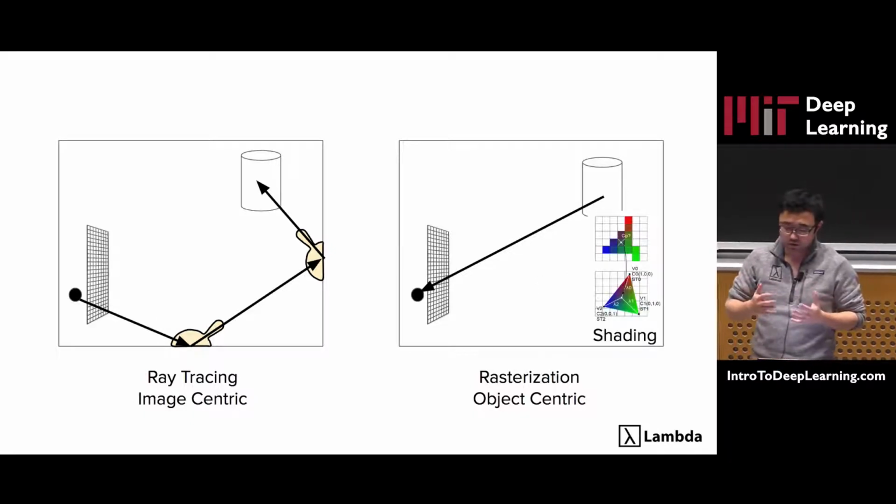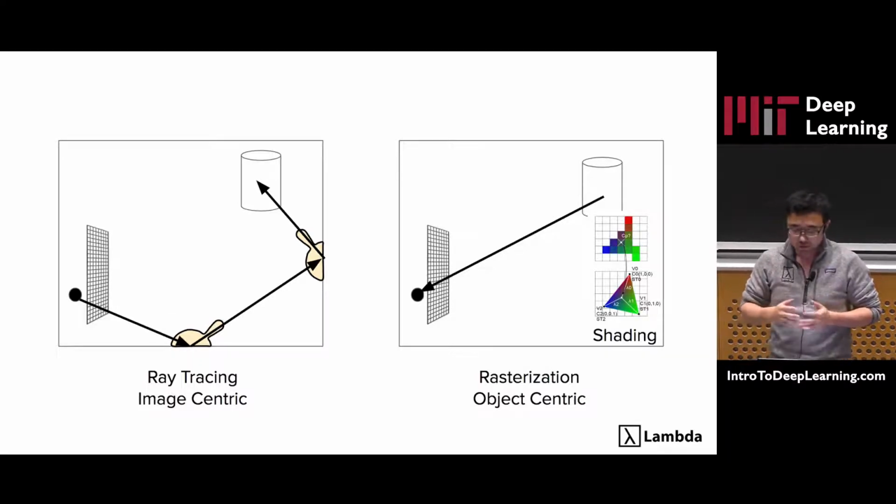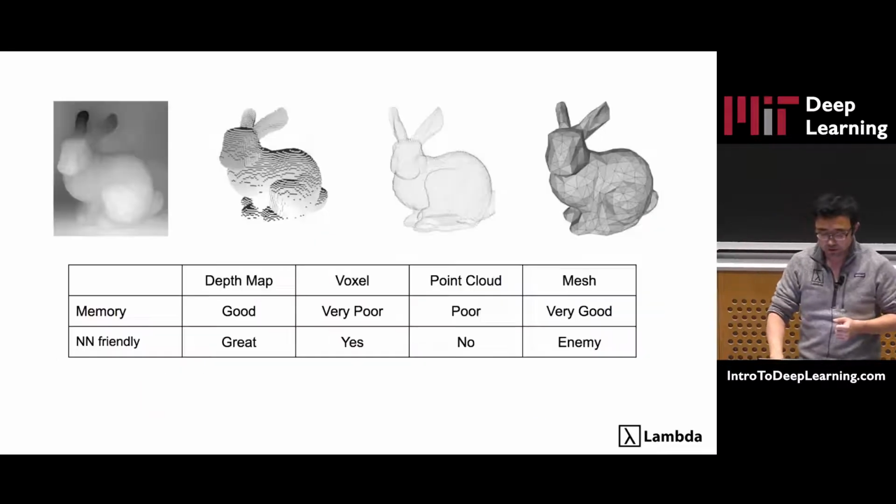The next step is to compute the shading. Basically, it calculates the pixel color by interpolating the color of the 3D primitives, such as the vertex color. In general, rasterization is faster than ray tracing. And as we mentioned before, it's easier for a neural network to learn because it does not have recursion or a discrete sampling process. All sounds great.